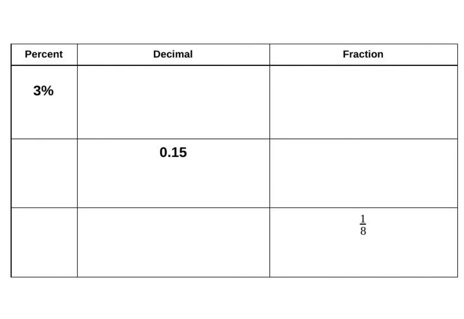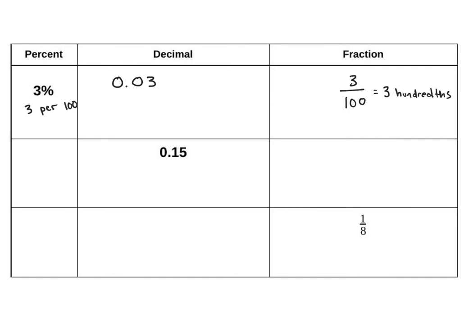I like to start with my fractions because I know that 3% means 3 out of 100. And for me, fractions are the easiest thing. Once I get that, I have a couple things I can do. Well, that means 3 hundredths. So I can look at my place value: there's my ones place, and then I have nothing in my tens place, and 3 hundredths means that there should be a 3 there.